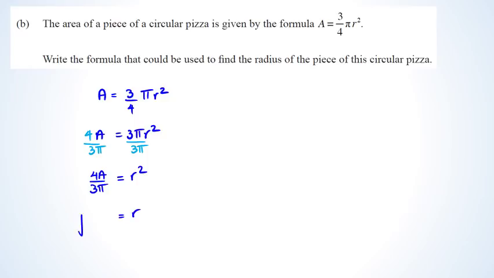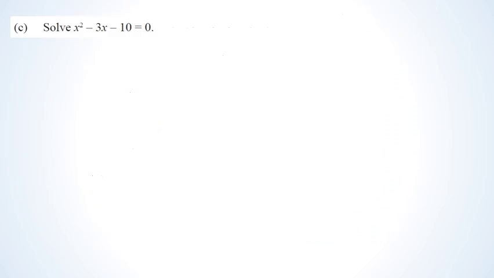And then r equals the square root of 4A divided by 3 pi. You don't really need the plus or minus for this question, because contextually, radius can't be negative. This was one of those lucky questions last year where this was given an excellence. If you're just progressing in this question, you get an achieved, or one little error could get you a merit. Okay, let's go to question 3c.